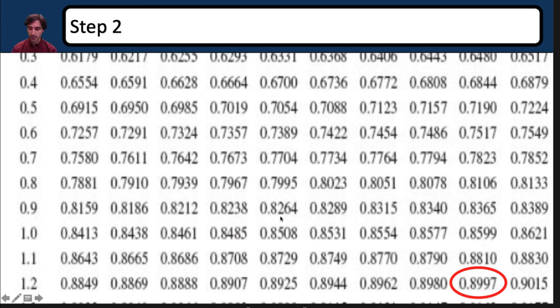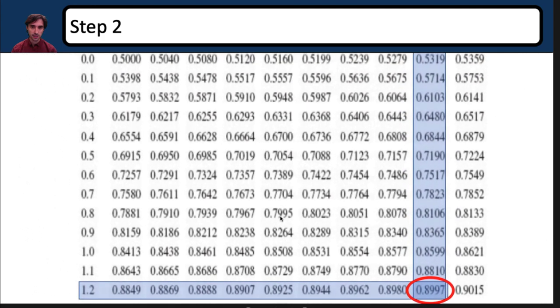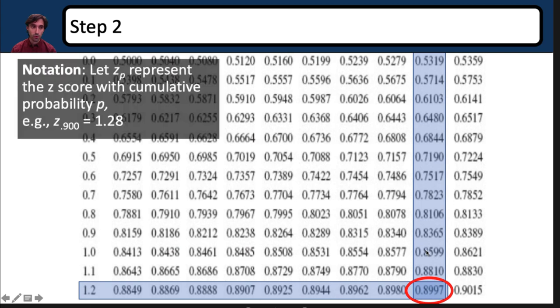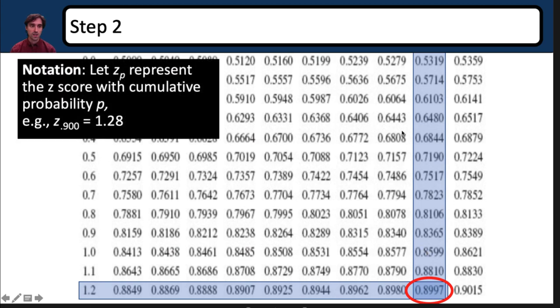But then I look up where that is in table B, and that is 1.28. You can't see it on this side, but we have 1.2 on this right here, but then that's not finished. We still need this part, 1.28. So our z-score at the 90th percentile is 1.28.